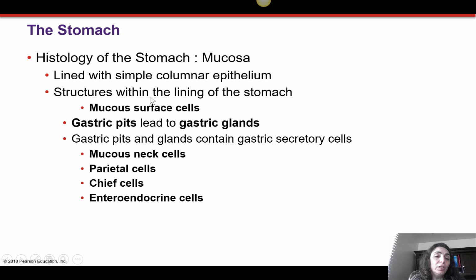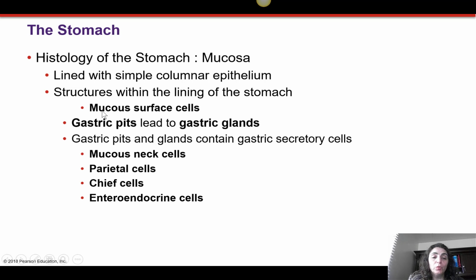Within the lining of the stomach we have several types of cells. The first one on the surface of the mucosa is called mucous surface cells, which produce mucus.